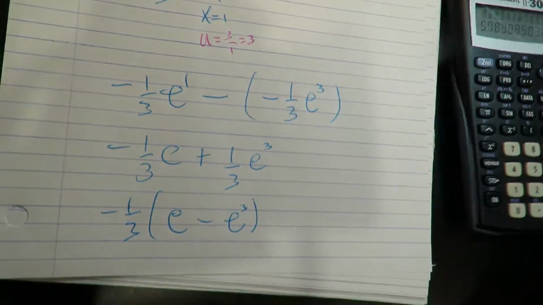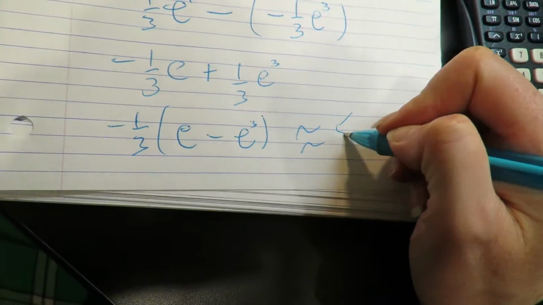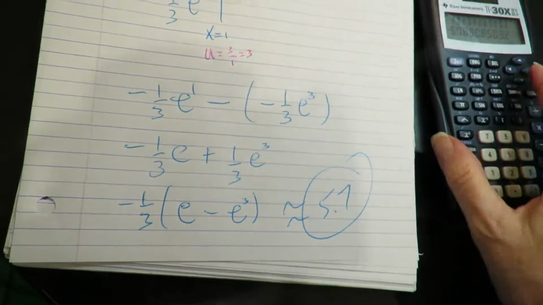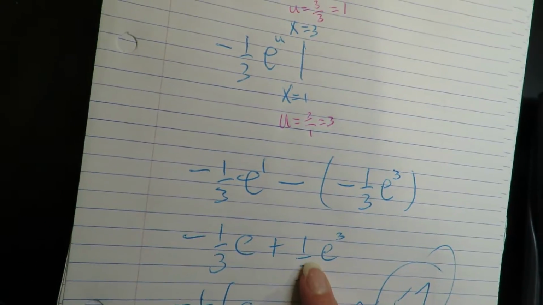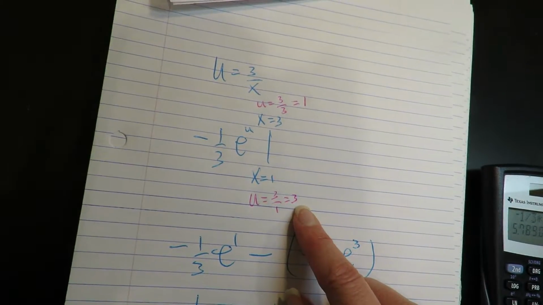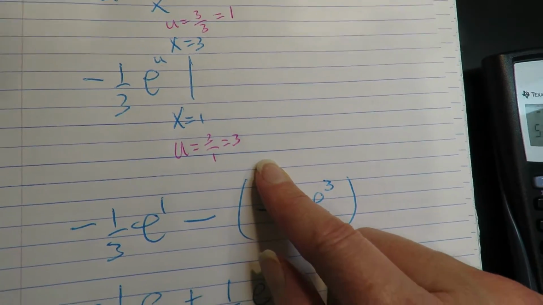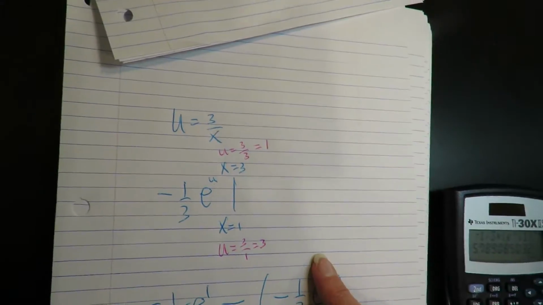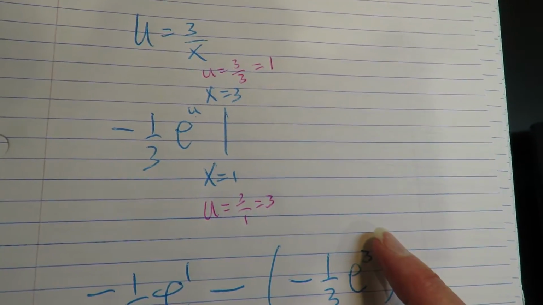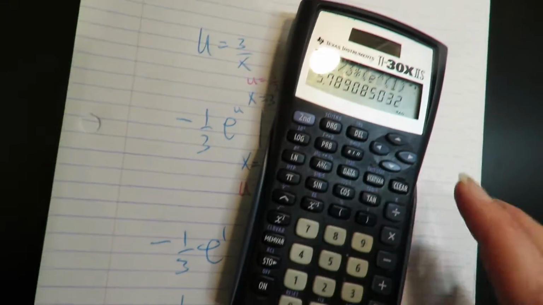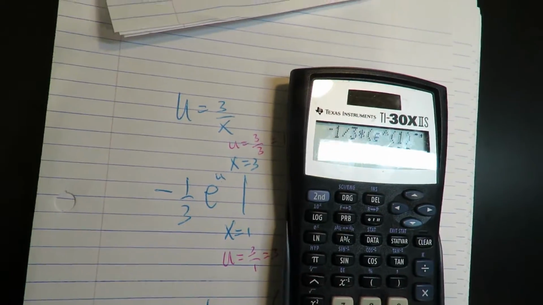Alright, 5.7. Let me just double check that. I'll make sure I didn't make a mistake. Oh, this is x squared. No, that is x. Okay, good, good. Let me just double check that I got that right.